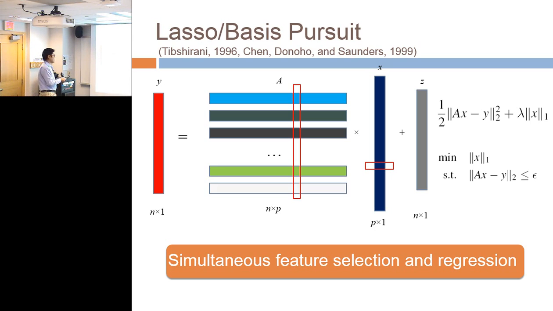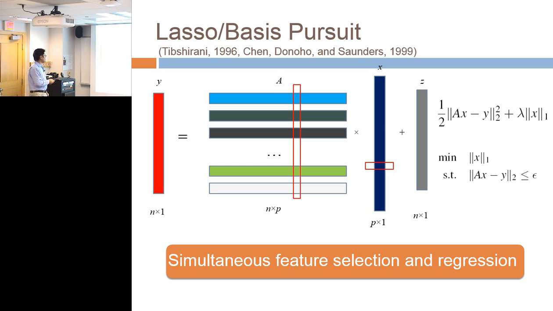So according to matrix and vector multiplication, let's assume that this component of the coefficient vector is 0. What does this mean? It means the corresponding feature has nothing to do with the outcome. So in this case, even if we remove this feature from the data set, we will essentially get the same model as a final result.